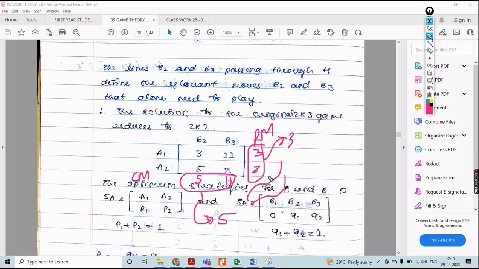Not equal. If these two are not equal, that is gamma bar and gamma under, these two are not equal, then there is no saddle point. But here it is not written. You must write that. Keep this in mind. Don't directly go to the evaluation by the optimal solution method.